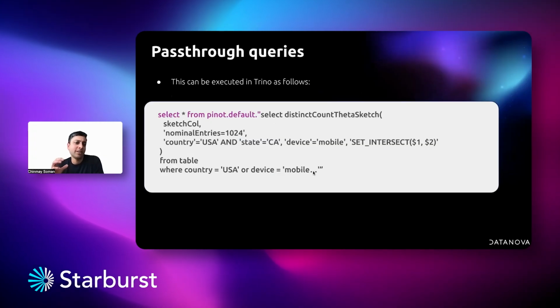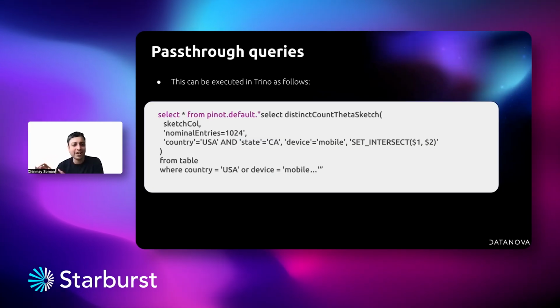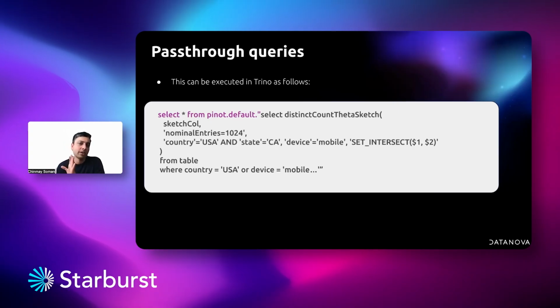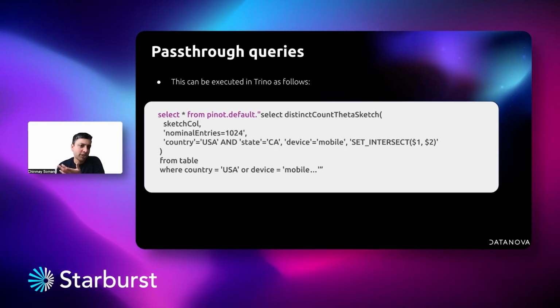So in some sense, this is a hint given to Trino that I know this query can be executed on Pinot, send it directly to the broker, and just give me all the results that you get back from the broker. This again is powerful because until the official support for this grammar exists across both the systems, you can continue to leverage the unique things that Pinot has to offer, without changing your SQL query engine, which is great.